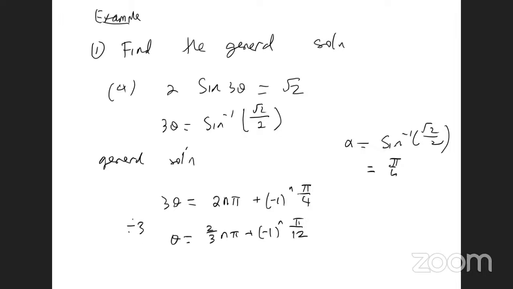That's a general solution. So for example, if you want the first solution, put n as 1 and you'll get your first solution. Try it and see. Put n as 1.